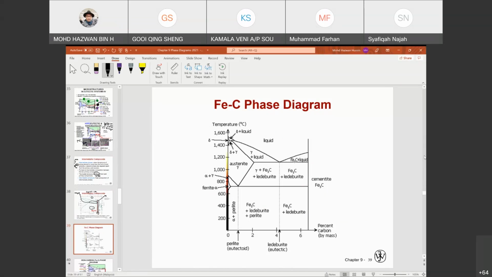If you look at the iron-carbon phase diagram, it is a completely different pattern from binary eutectic. You can see that you have multiple, or at least two, types of reaction that occur. The first one, which may be related to what we studied earlier, is eutectic.